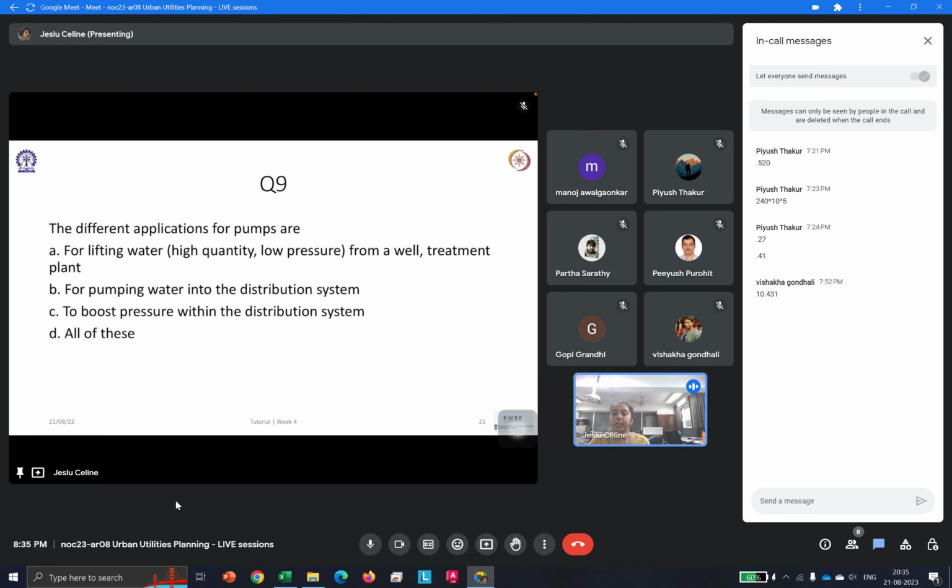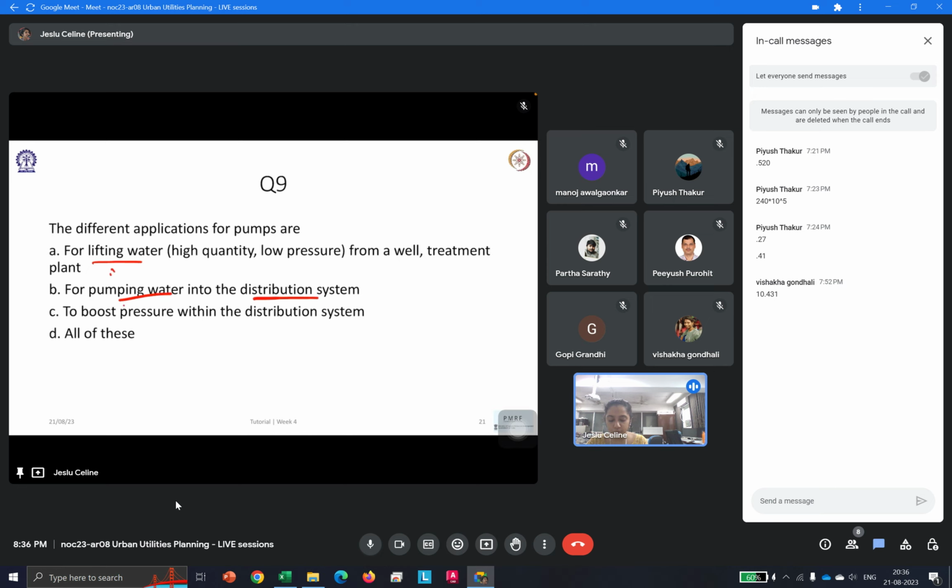Question 9: the different applications for pumps are A, for lifting water from a well or a treatment plant from a low pressure region; B, for pumping water into the distribution system; C, to boost the pressure within the distribution system. All of these, yeah. This is there in our first chapter, pumps. We are discussing that we use pumps for lifting water and for pumping to distribution systems.